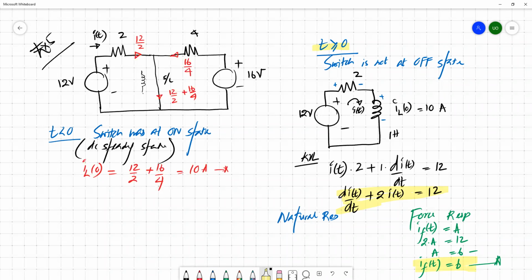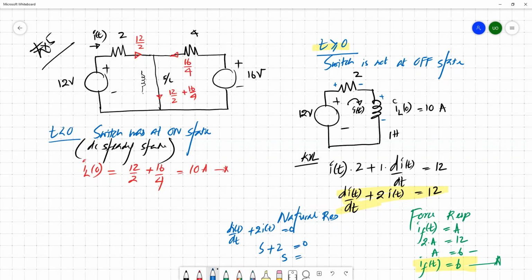Then you move to the natural response. Letting the right hand side be 0, the differential equation would be di/dt plus 2i(t) equals 0. Then the characteristic equation is s plus 2 equals 0.